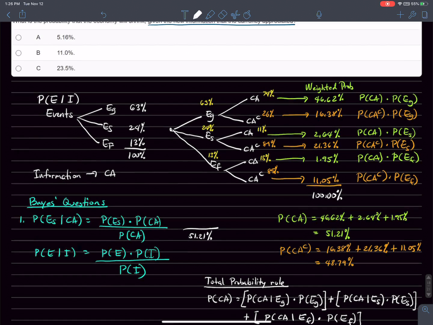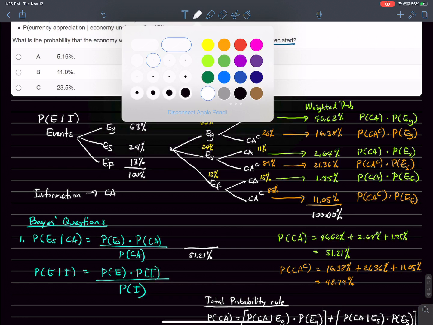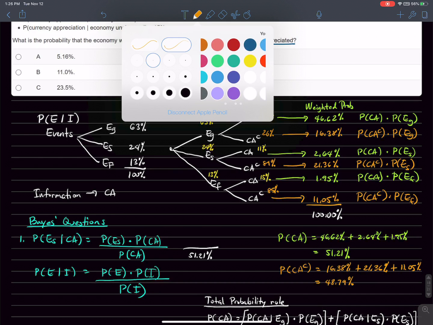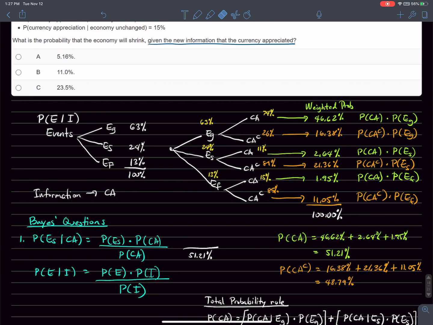Now observe. What is the probability of ES? Economy. Let me select a good color here. Probability of ES. Where's ES? This is ES.